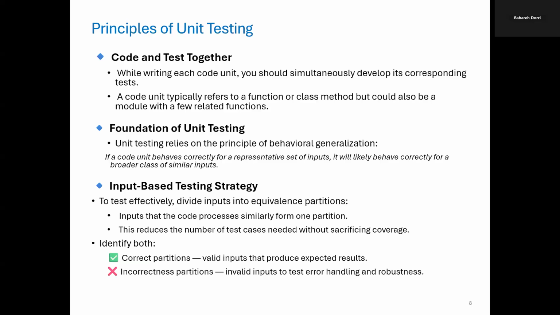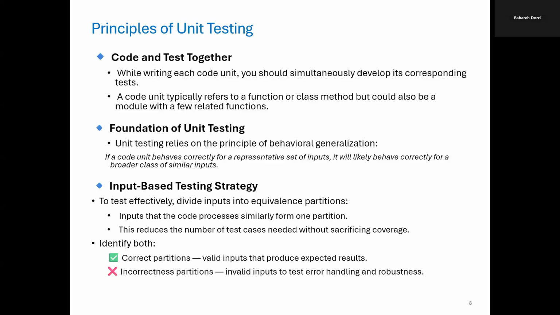Instead, we use something called equivalence partitions. These are groups of inputs that the code treats the same way. If it behaves correctly for one value in the group, chances are it will behave the same for all of them.